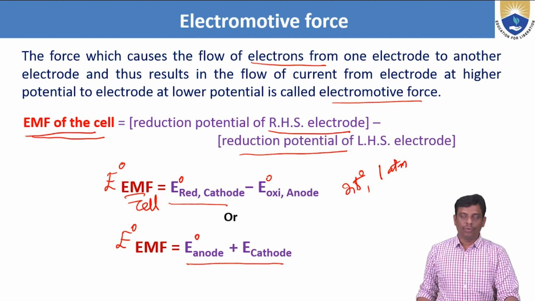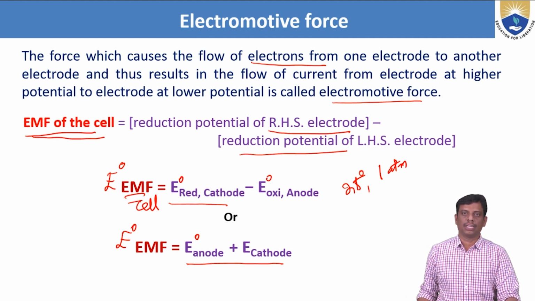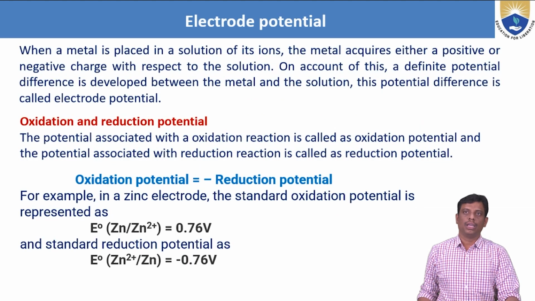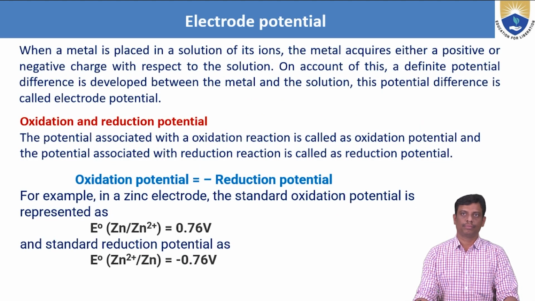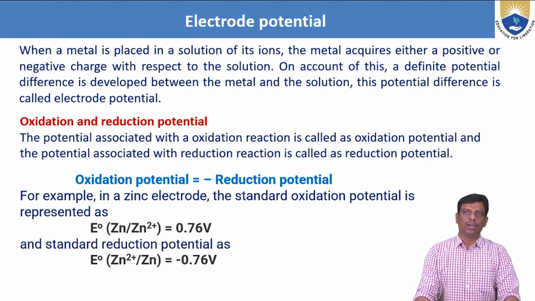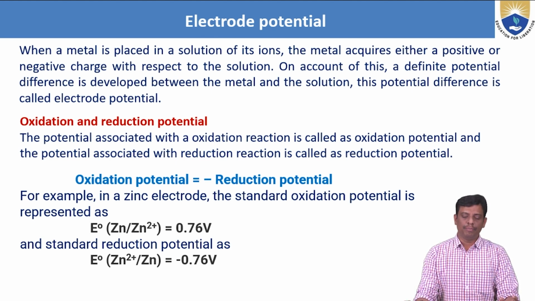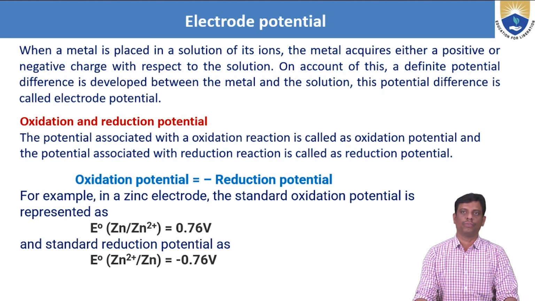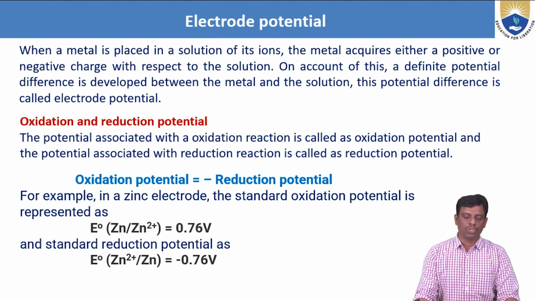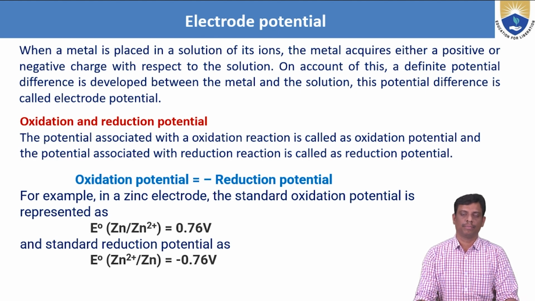Now we are going to discuss what is electrode potential. When a metal is placed in a solution of its own ions, that is the electrolyte solution, the metal acquires either a positive or a negative charge.